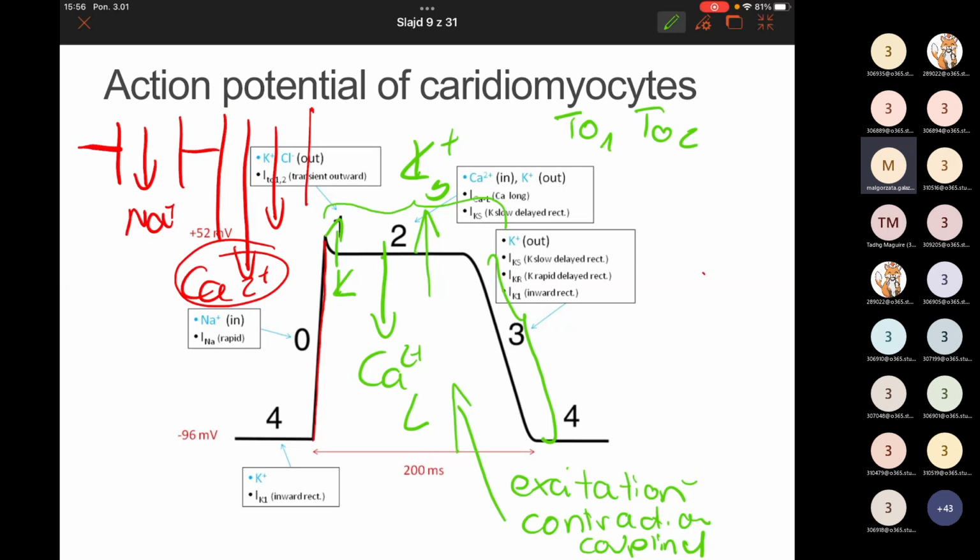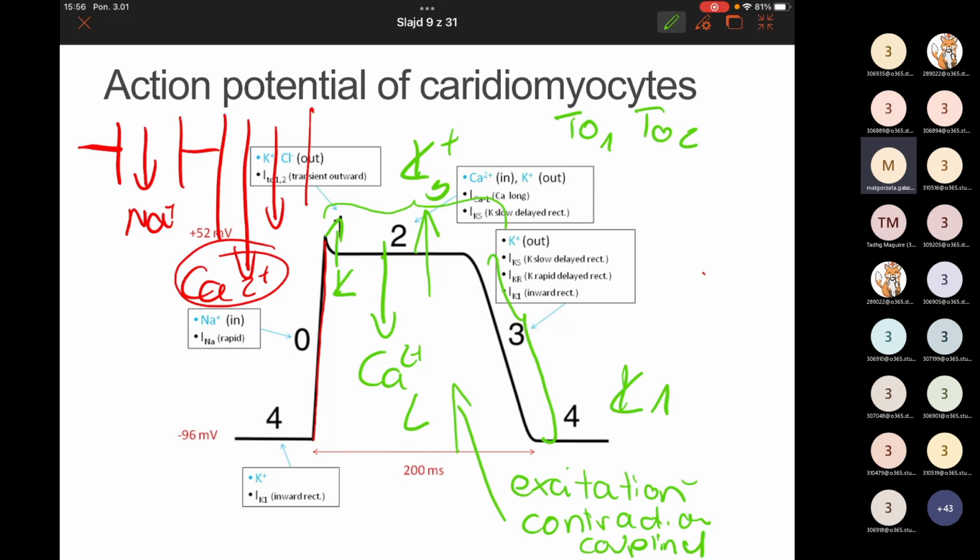At the end of the repolarization, K1 potassium channels are activated and opened, and their function is similar to the leak channels in the neurons. So basically, the K1 potassium channels are responsible for maintaining the resting membrane potential.